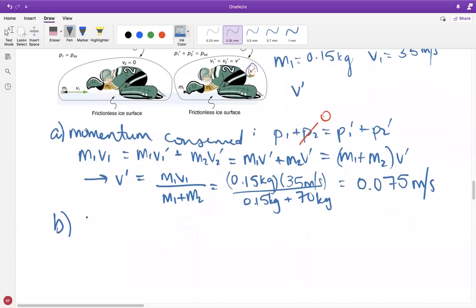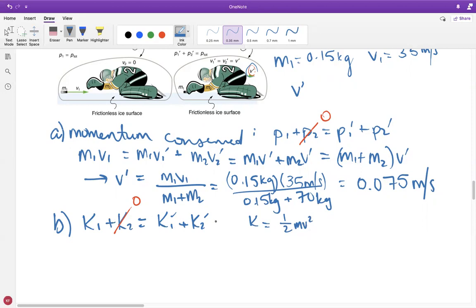So we have the kinetic energy of the first plus the second initially, and then K1 prime plus K2 prime after. Now our kinetic energy of the second mass is 0, because kinetic energy is calculated as 1/2 mv squared, and if our velocity is 0, the whole thing would be 0.